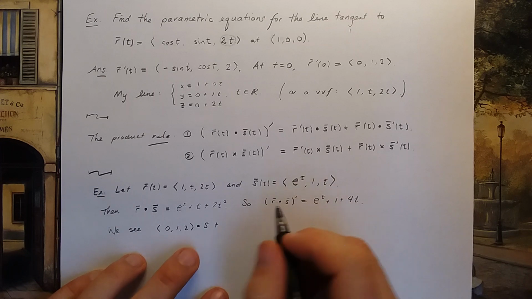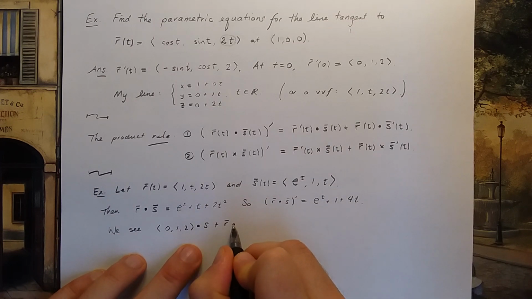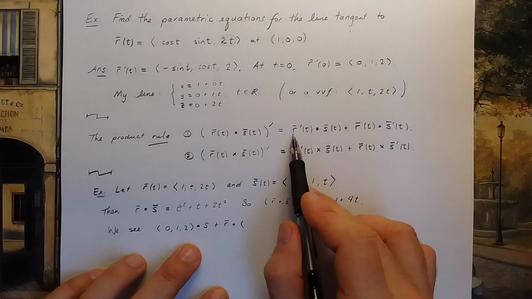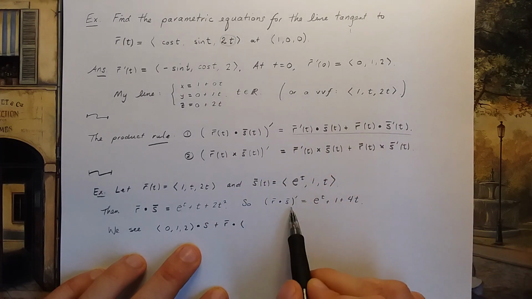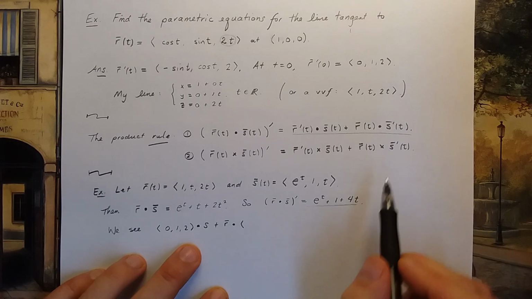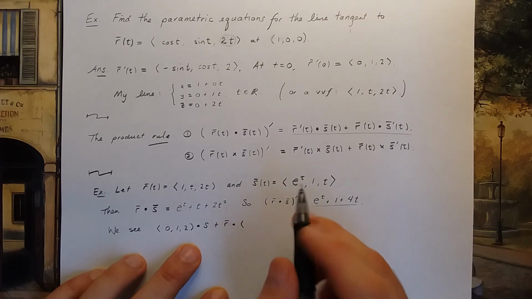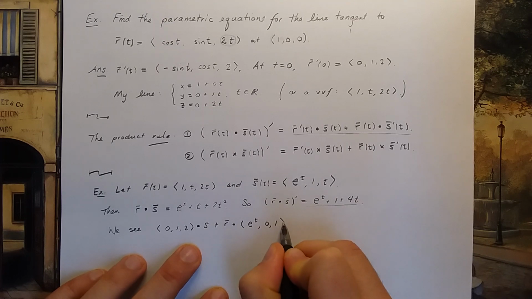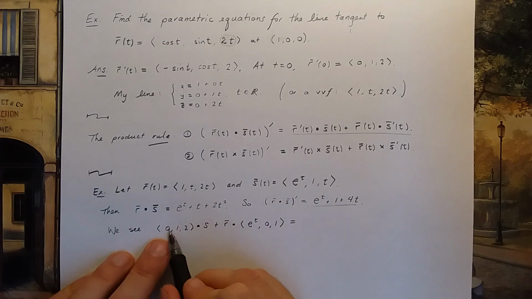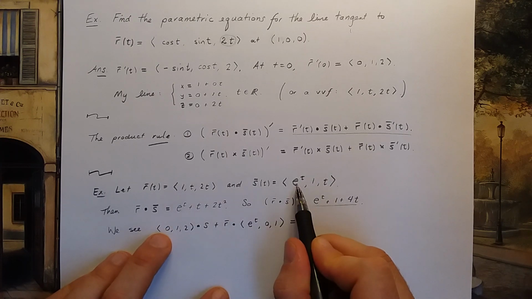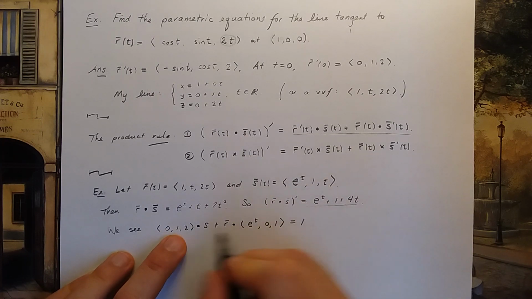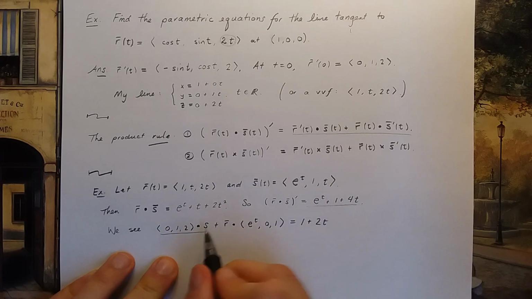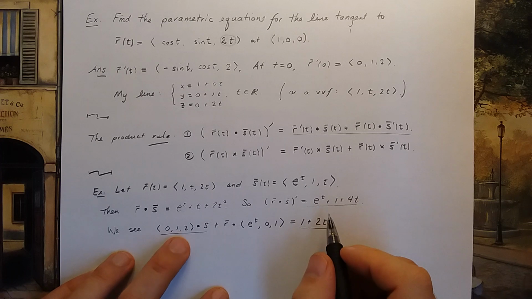Then I'll take my original function r and dot it with the derivative of s. I'm obeying the product rule here and verifying I'll get the same answer I did previously. If I take the derivative of s, I get (e to the t, 0, 1). Let's see if the calculation works. So I get 0 times e to the t, plus 1, plus 2t. So I did this to get 1 plus 2t.